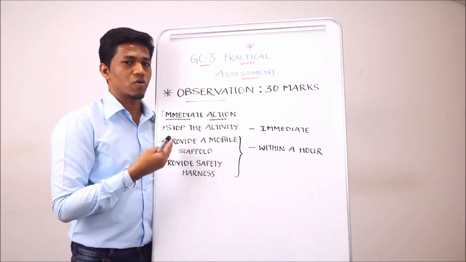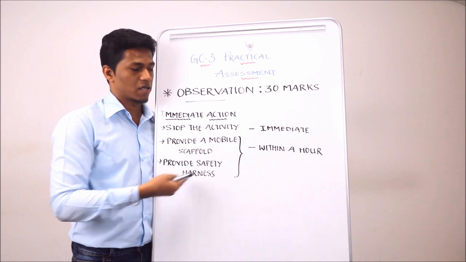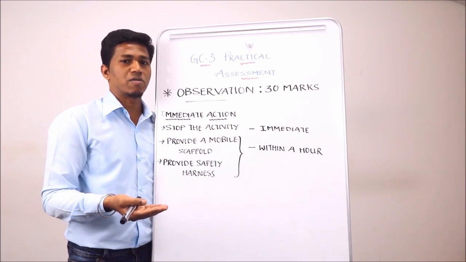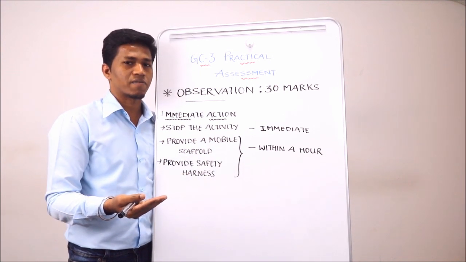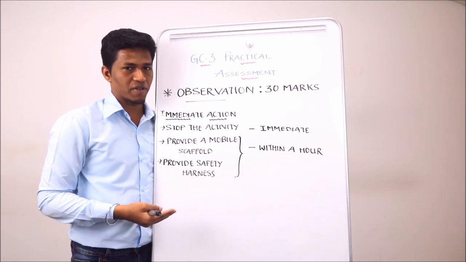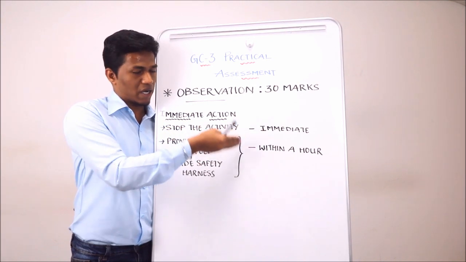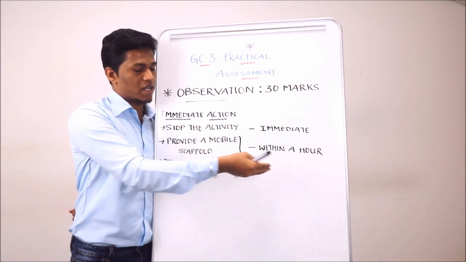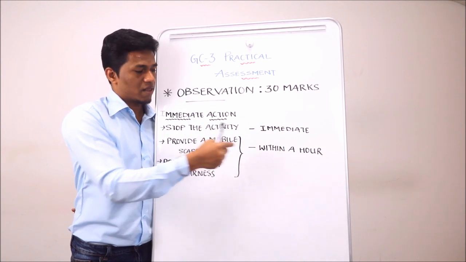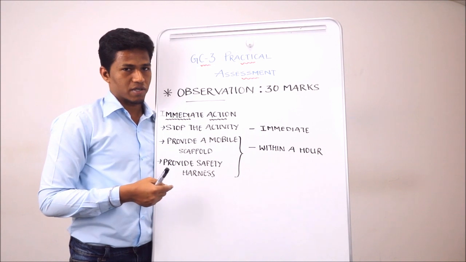How much time do you require to give a scaffold or PPE like a harness? Within 60 minutes or more than 60 minutes; any time, but it has to be specific. Either you can give individual time scales or you can club them up and give one time scale, but you need to mention that the given time scale is for both control measures.